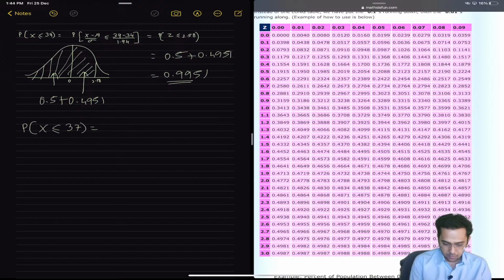It should be the probability of z less than or equal to something.